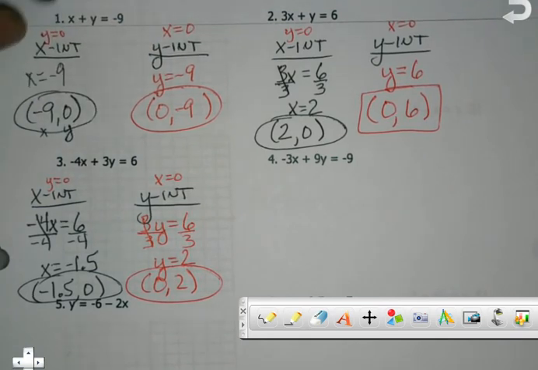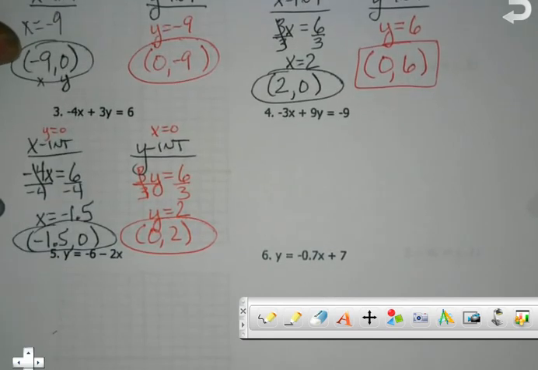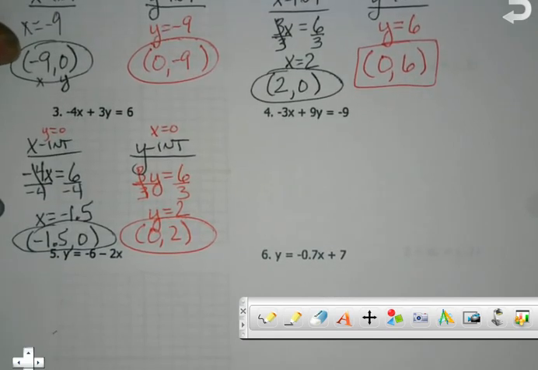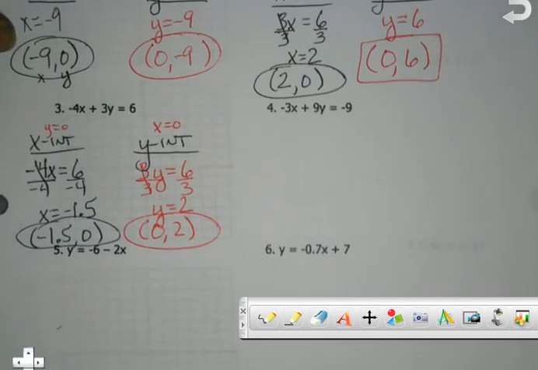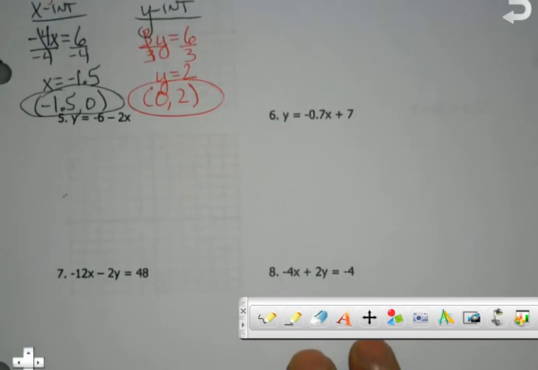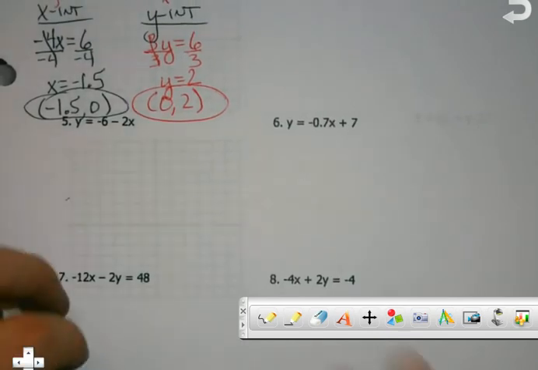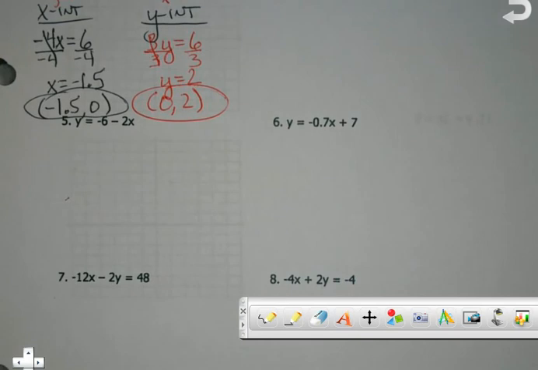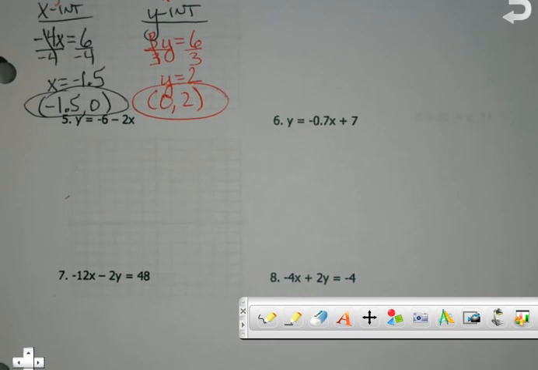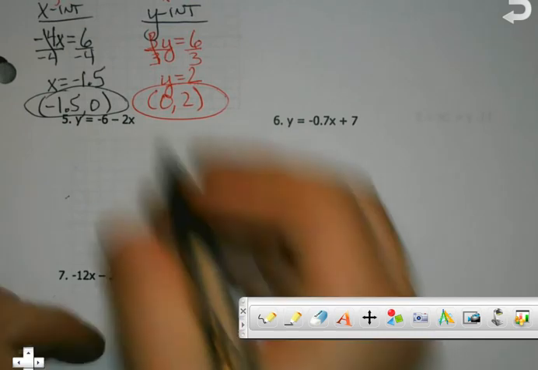Okay. Now, let me throw one more twist in on you here. Number 5. Notice the x and the y are not on the same side this time. Now, this is just me. I like having x and y on the same side when I'm going to do these. So whenever they're not, I'm going to fix it so they are.